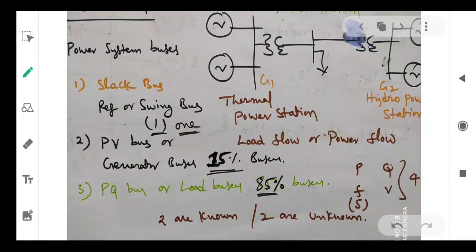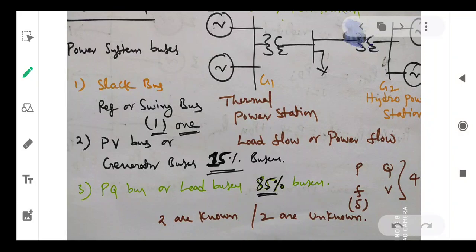So the load flow and power flow can be performed in any interconnected power system comprising many buses. At each bus there are 4 parameters: P power, Q reactive power, F frequency or delta load angle, and V voltage.